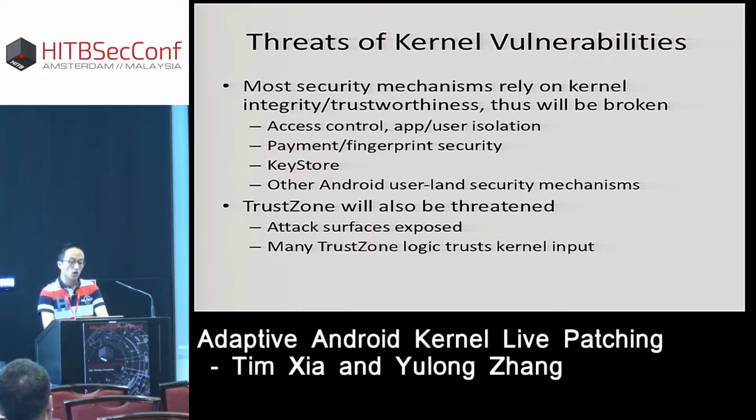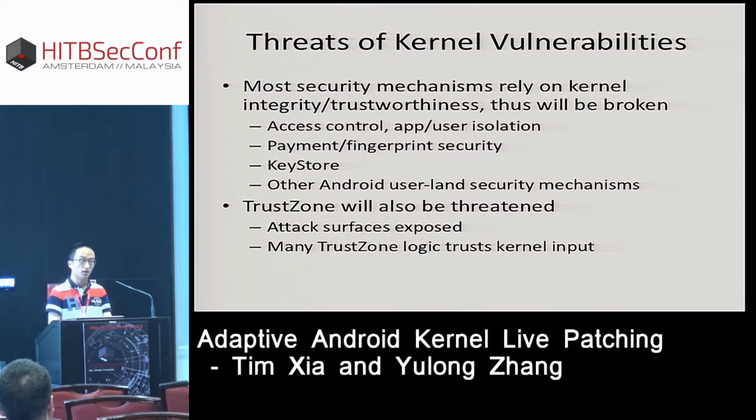So the threats of kernel vulnerabilities come in two folds. First, most security mechanisms of Android rely on the kernel integrity. So for example, the app isolation, the process isolation. If the kernel is broken, the malicious app can peek into the other app's memory or even control it.